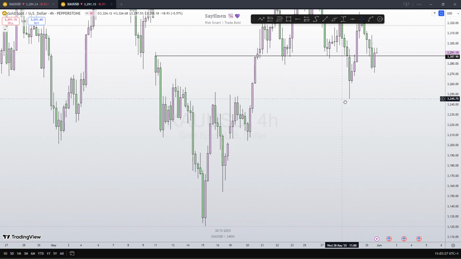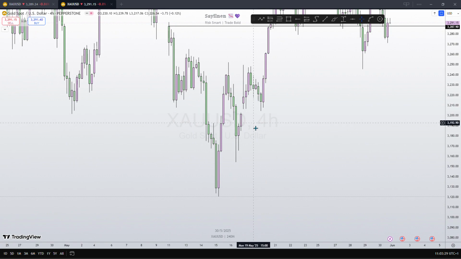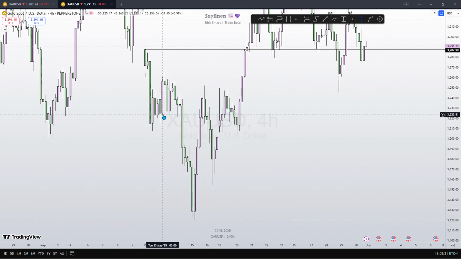On 4 hours now, if we look down here, we could see this looks very, very clean in a way, but not accurately clean in terms of it being an inverse head and shoulders. We could see price this point here, down, back here, and boom, break out of this particular level right here.